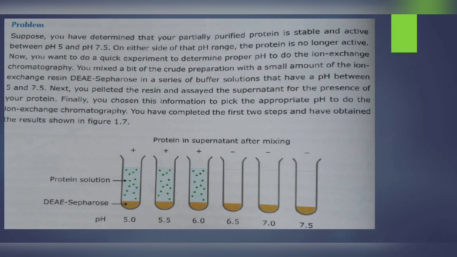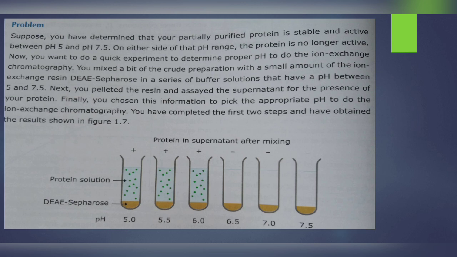This is one of the case studies. They are using one of the proteins which has protein stability between 5 to 7. So which type of ion exchanger chromatography can we use, and at what pH, they are asking. They did it as a trial and error method. At different pHs they are interacting the matrix with solute.